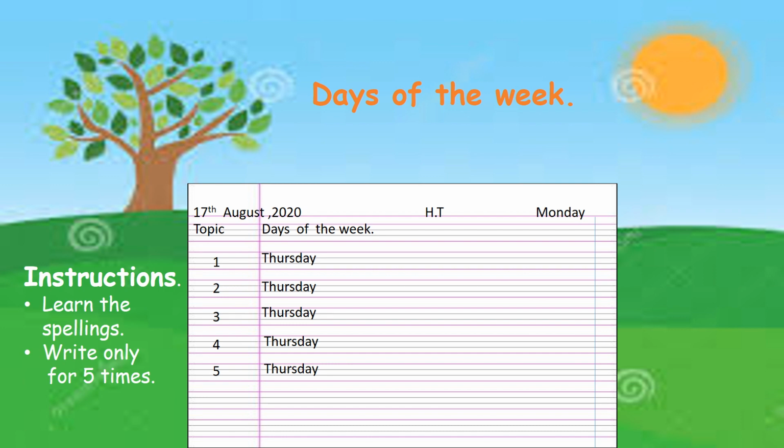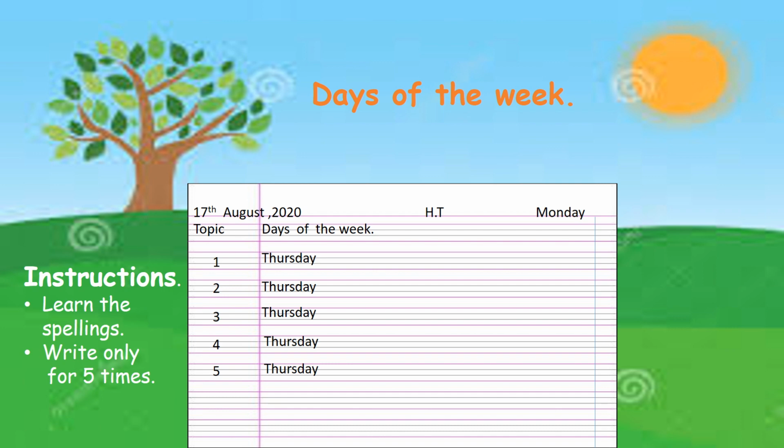Now you have to write one and then write the spelling of Thursday. T-H-U-R-S-D-A-Y, Thursday. Under number 1 write 2, then write 3, then write 4 and then write 5.